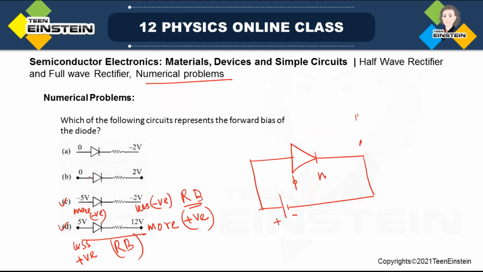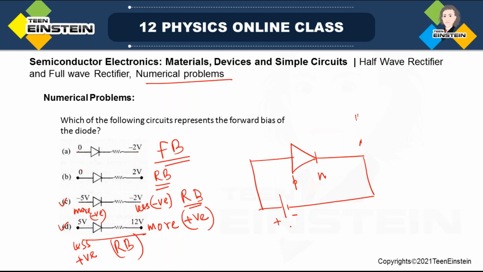Now look here, it is 0 and this is positive, this is also reverse bias. But in this case this is 0 and this is negative, this is actually forward bias.